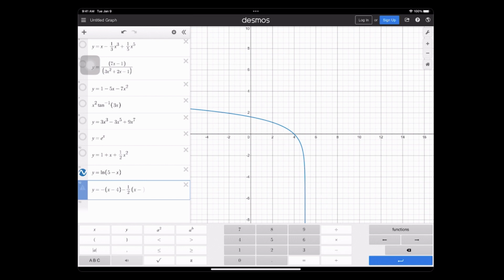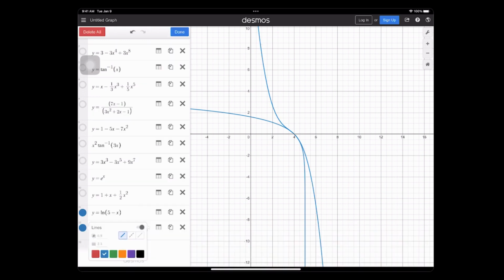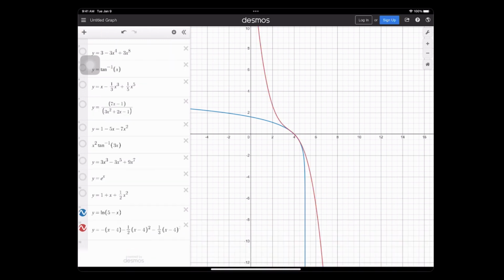X minus 4, come out of there, raise that to the second power, minus, I think it was 1/3, right? 1 divided by 3. Put that in parentheses, x minus 4 raised to now 1, 2, 3. Okay? And let's change that color. We can change it to red.